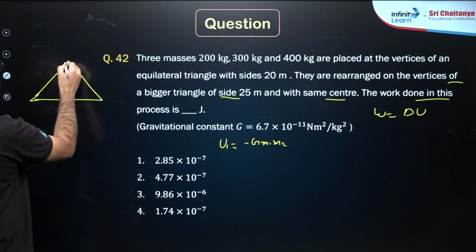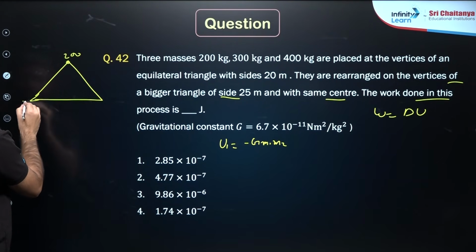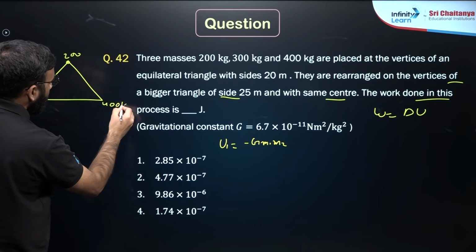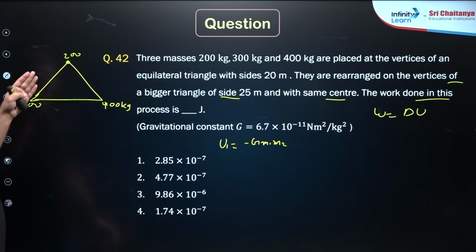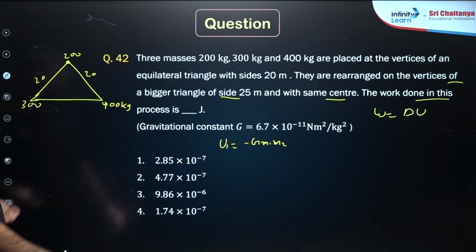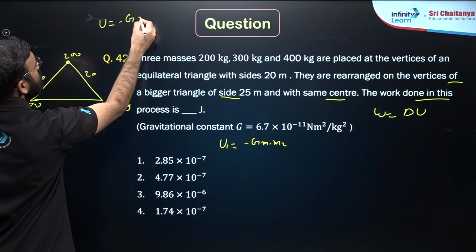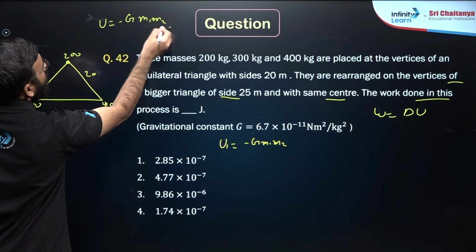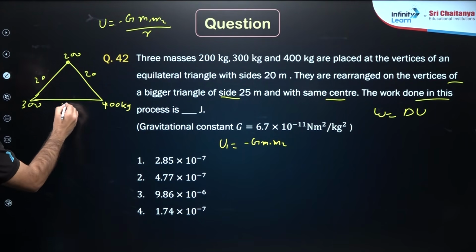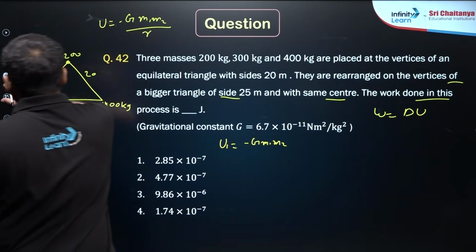First mass is 200, second is 300 and third one is 400, beta, and its distance is 20 centimeter. So what is the potential energy formula? U equals minus G M1 M2 upon the distance between them, R. Everywhere the distance is the same, so I will take minus G common and directly write here.